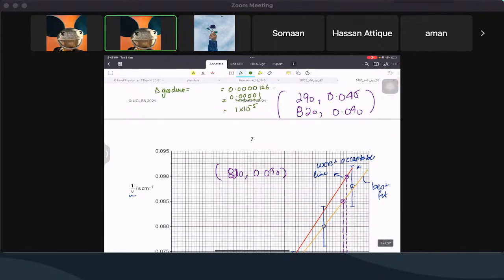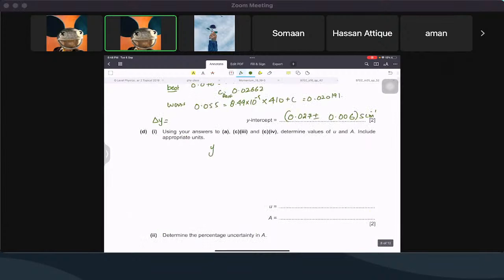Y-intercept was 1 upon 2u, and the gradient we wrote in the very first part was 2ua, right? So first of all, we're going to find the value of u. So u will be equal to 1 upon 2 times y-intercept.